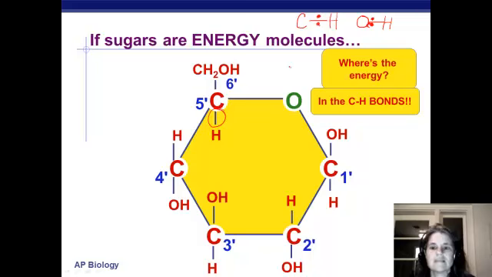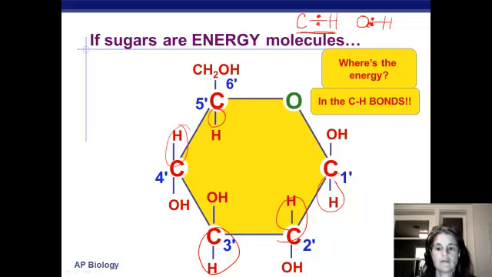Bottom line is, because these share electrons so nicely, they have a lot of energy to give when we break this bond. Okay, so you can see that there's a lot of carbon-hydrogen bonds in this molecule. Here's one, and here's one, and here's one, and here's one, and here's two up here.